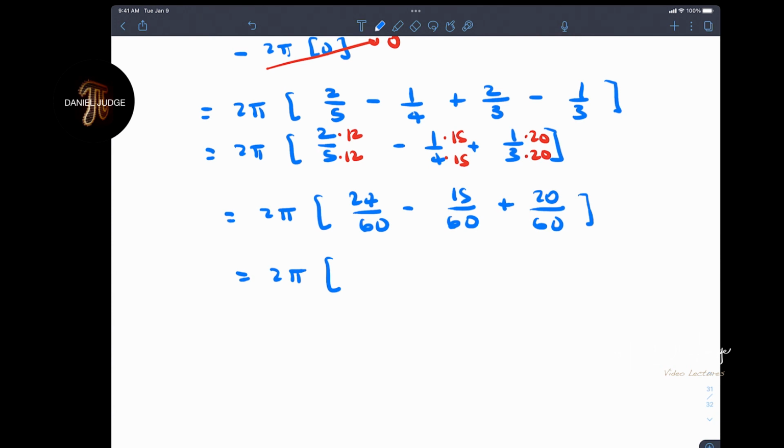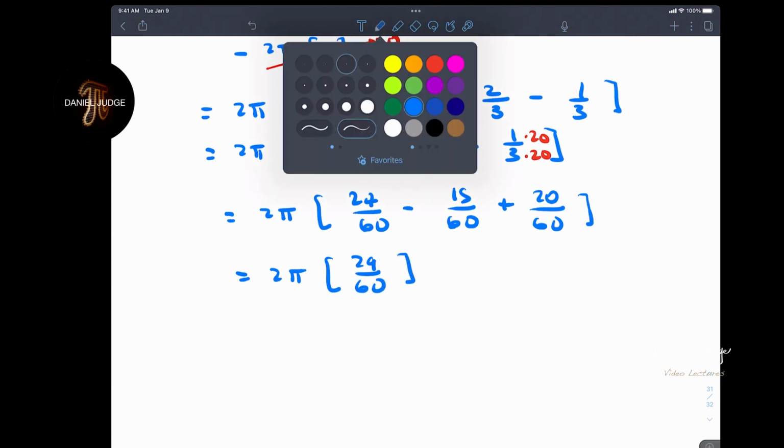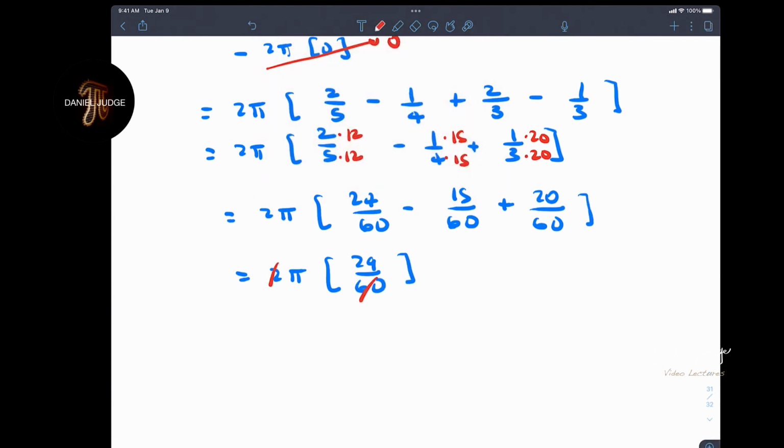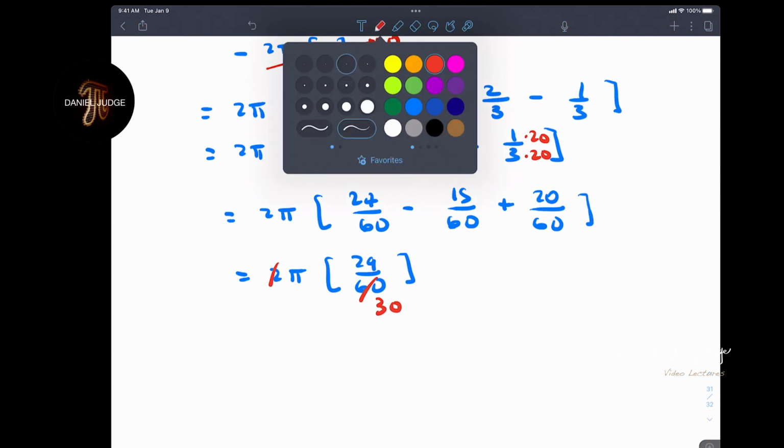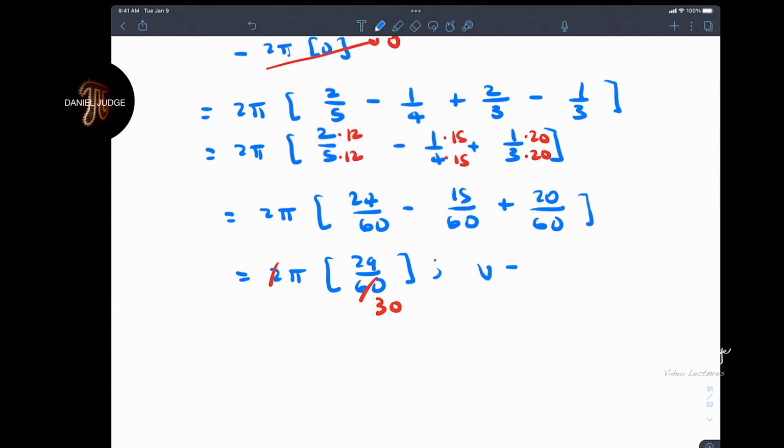And then we have 44 minus 15. Looks like that would be 29 over 60. And then finally, it looks like the volume will be 29 pi over 30. Let's double check.